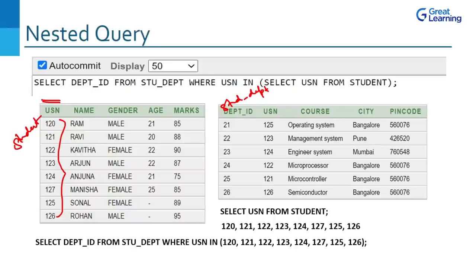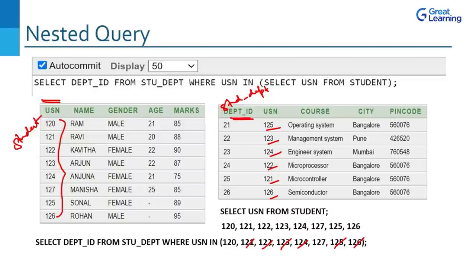So from the department ID which is here, which all USNs are matching? So we have 125, let's cut this, 123, let's cut this, 124, let's cut this, 122, let's cut this, and 121 and 126.